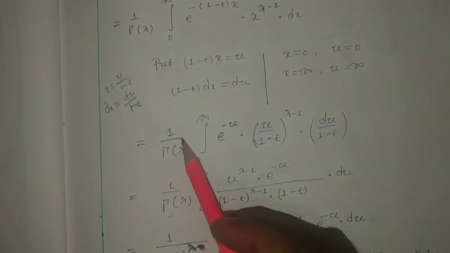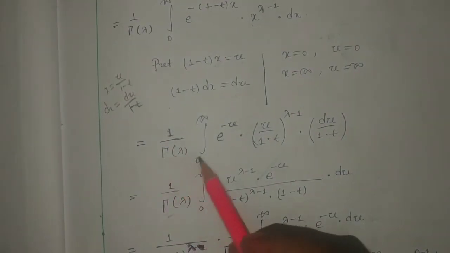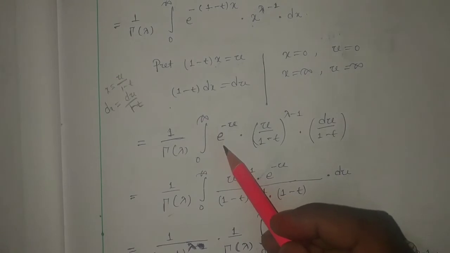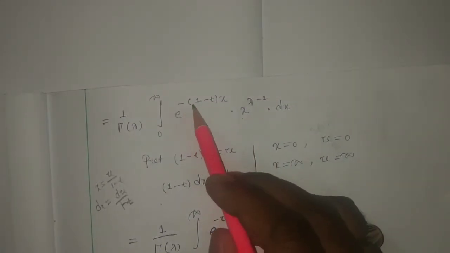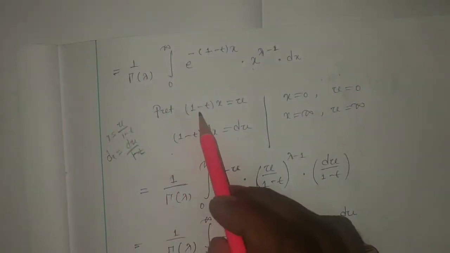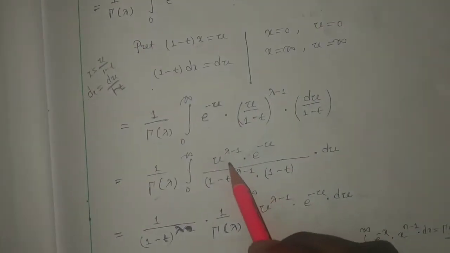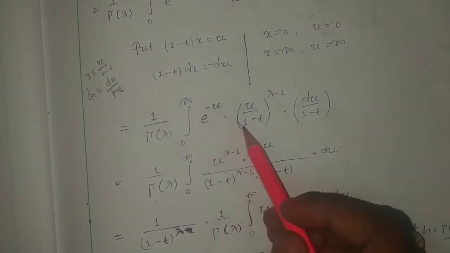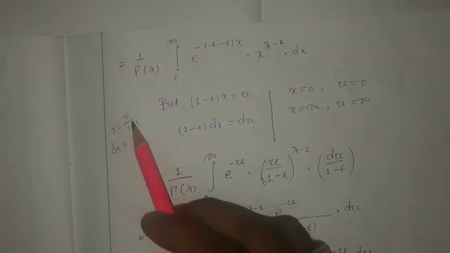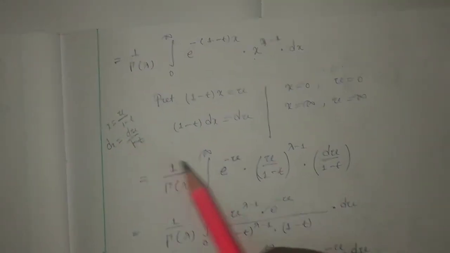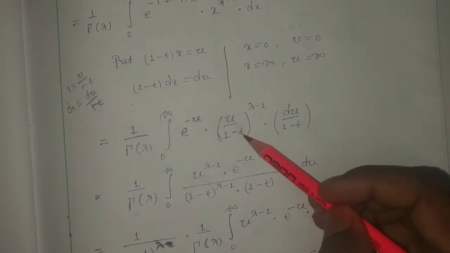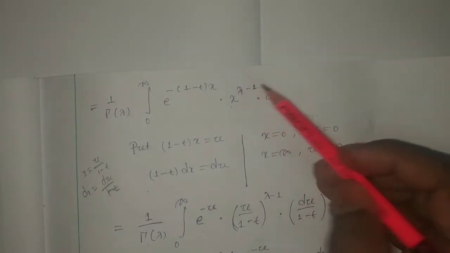We found 1 by gamma lambda, 0 to infinity, e to the power, here 1 minus t x has been considered as u. So e to the power minus u. And x will be how much? u by 1 minus t, right? So u by 1 minus t to the power lambda minus 1 into dx.